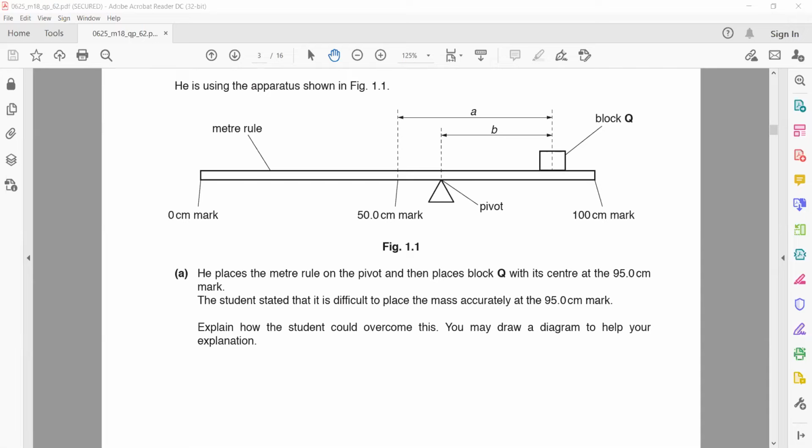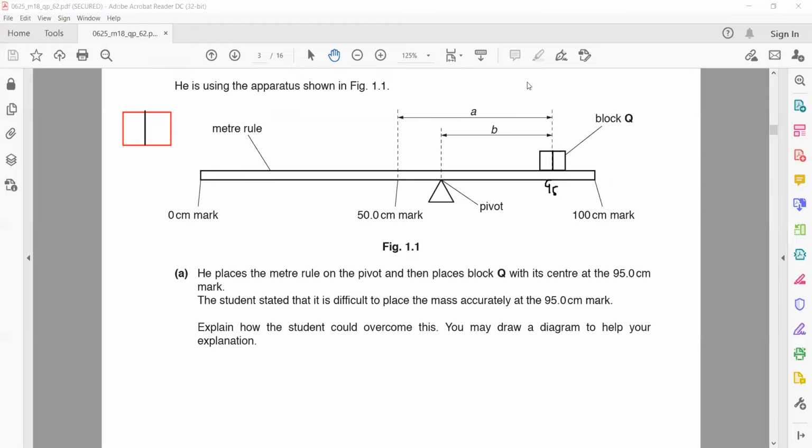Or there's another way the student can do it. Say this is an object. At the beginning or start of the experiment, the student marks the center of this object, and when he places it, because there's already a marking on the object, using this marker he can identify that the center is at the 95 centimeter mark.